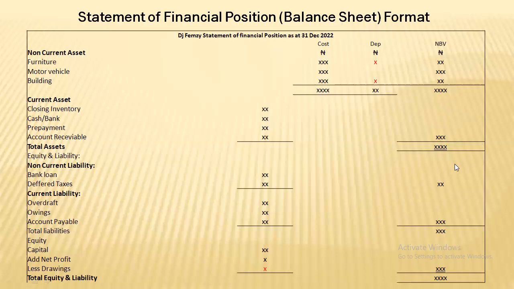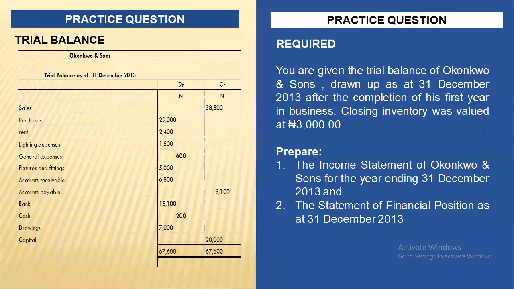So let's continue. I hope you've been able to understand some of the concepts that we have here. Now for the formats, you need to learn the formats. You need to be able to reproduce the formats before you can solve any question. So let's look at this question. Okonkwo's trial balance for the year is this. So we have our sales value to be 38,500. We have purchases 29,000.